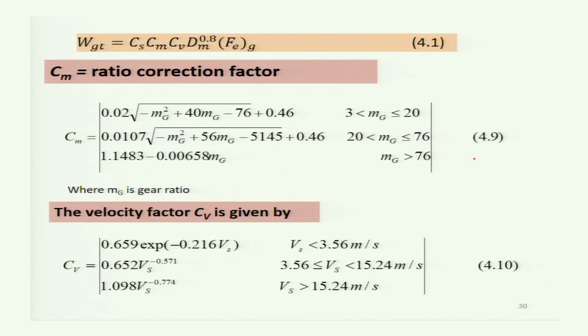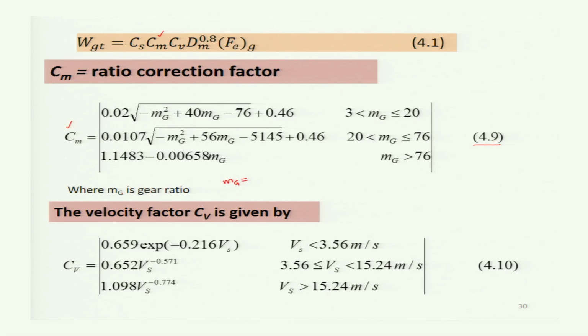Now the other factor in the AGMA equation for worm gear is Cm, the material factor we studied. So Cm is the ratio correction factor, and the ratio correction factor Cm is given by equation 4.9, and it depends on what is the gear ratio mg.